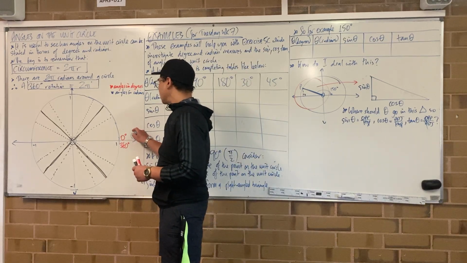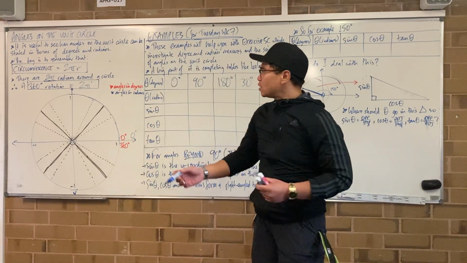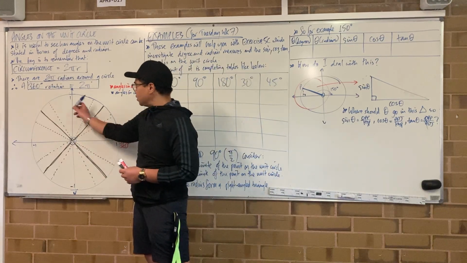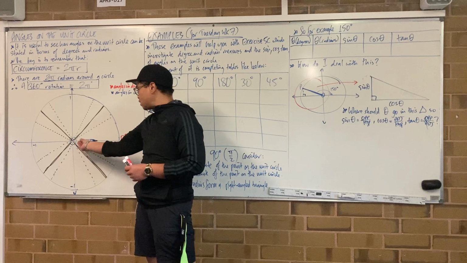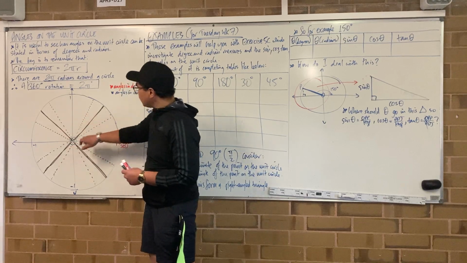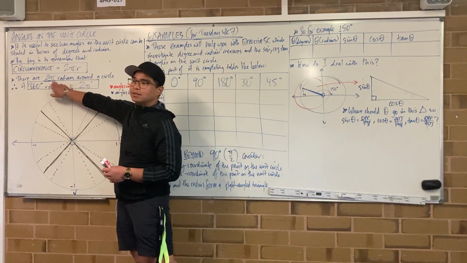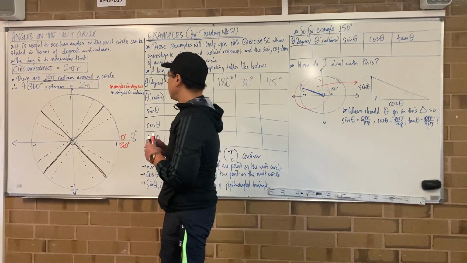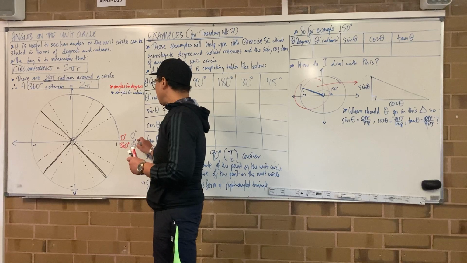Based on what we just discussed, a 360 degree rotation is from this line all the way around. How many radians would that be? 2 pi radians.